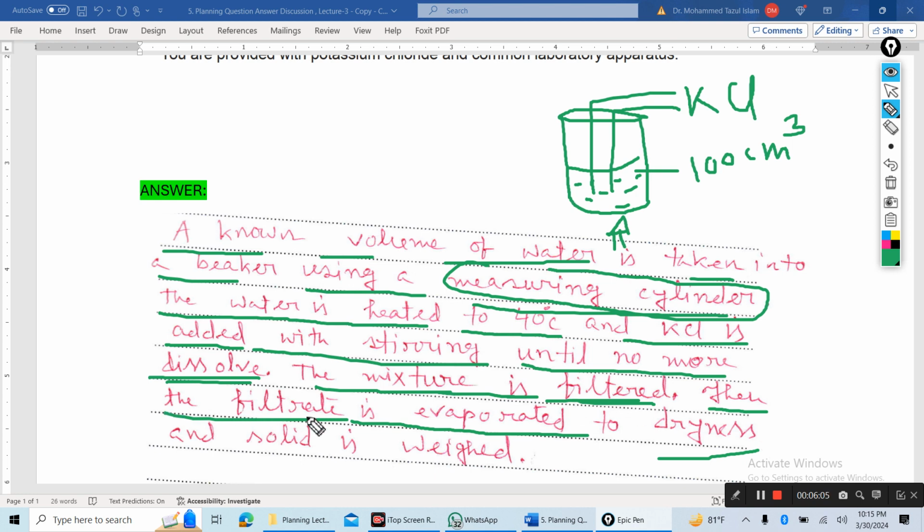Then the filtrate, meaning clear solution, is evaporated to dryness and the solid is weighed, and the mass of solid is taken. Then you can find out how much solid is dissolved at 40 degree centigrade in 100 centimeter cube of water.